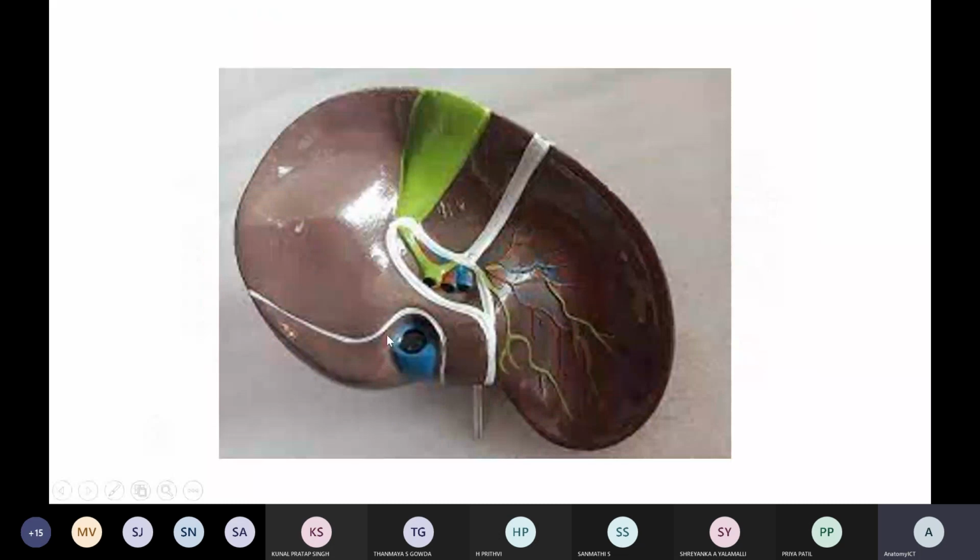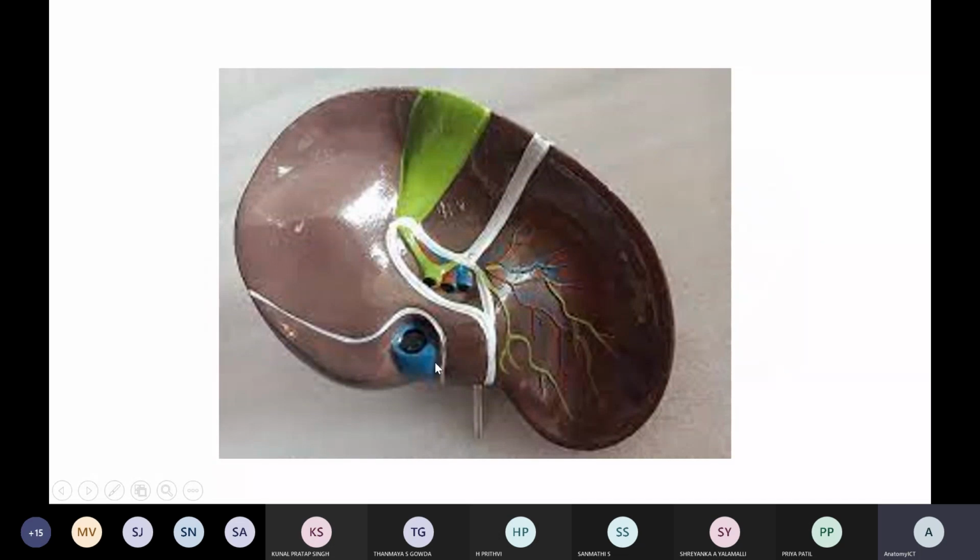This particular inferior vena cava holds the liver in a proper position. It is a primary support. It's very important. Whenever a question is asked about the supports of the liver, even if you don't remember the secondary supports, you should at least remember the primary supports. The first and foremost is the IVC, the inferior vena cava, which is very important, right?